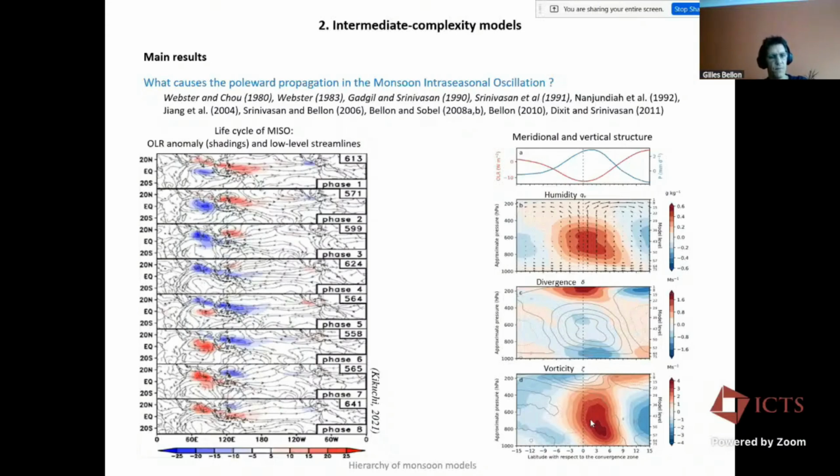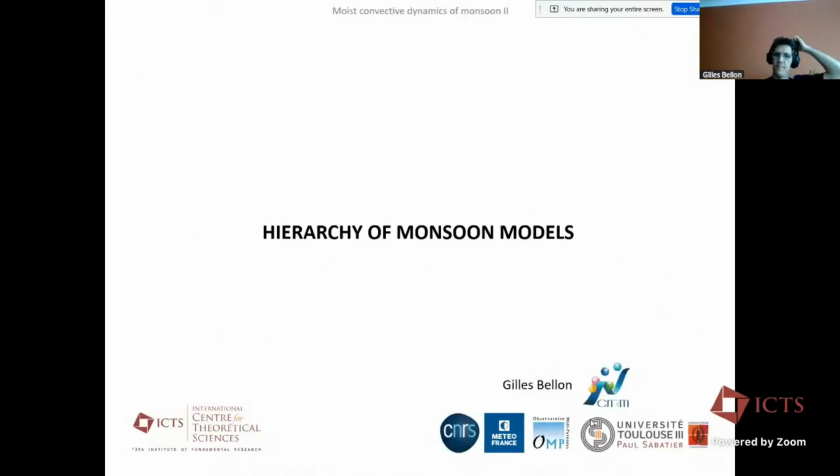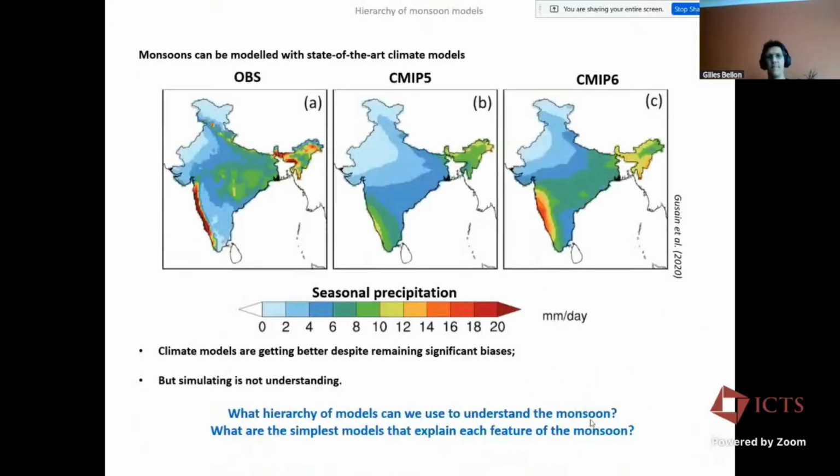Yeah, maybe a follow-up on that. Your first slide showed CMIP5, CMIP6 and observations, and I was thinking CMIP6 was better than CMIP5.